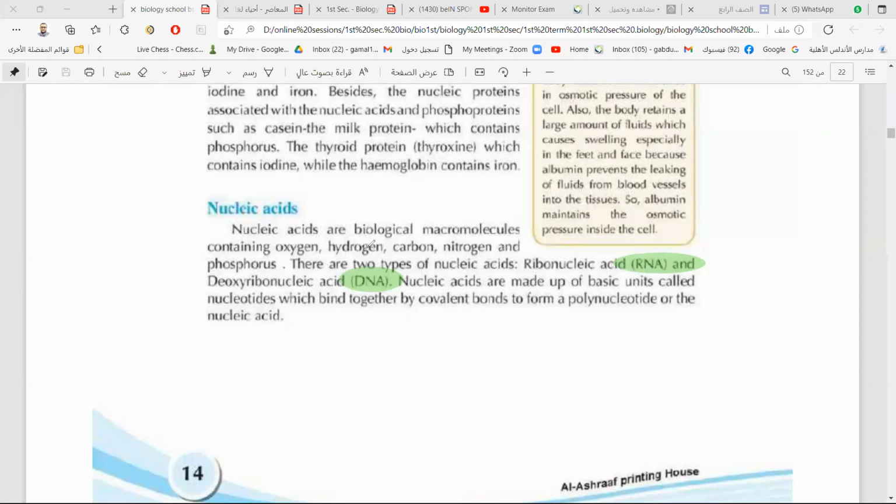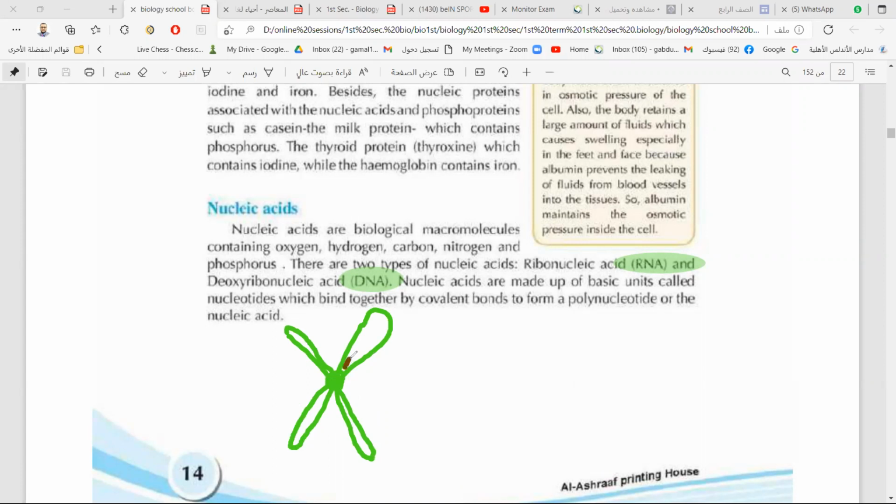You remember the chromosome. The chromosome has a shape like the letter X. There is a point of connection called the centromere. Inside each chromosome we have two chromatids.